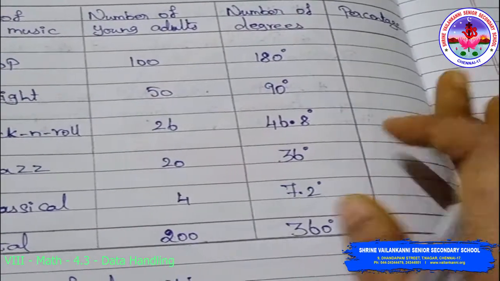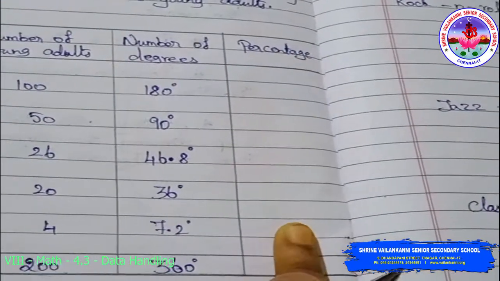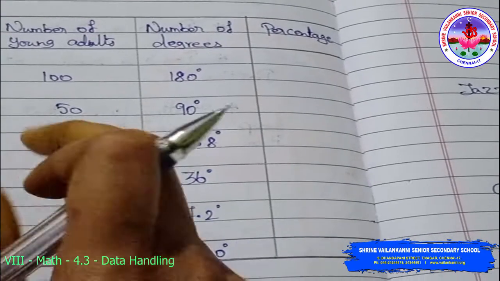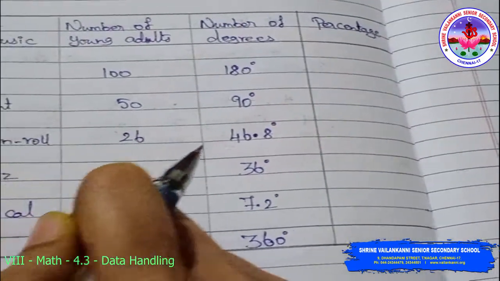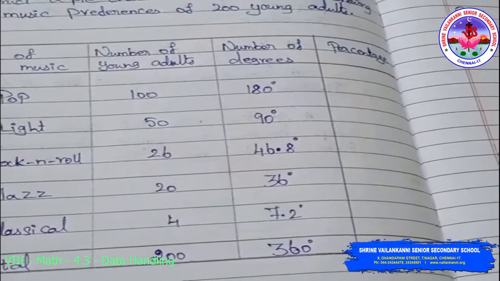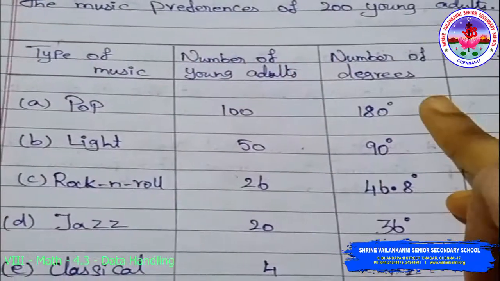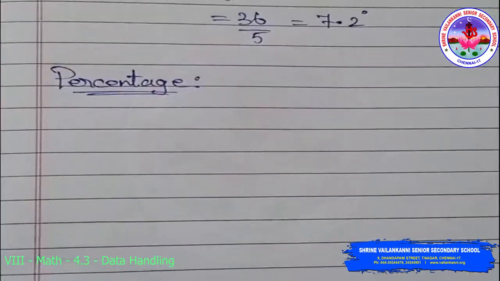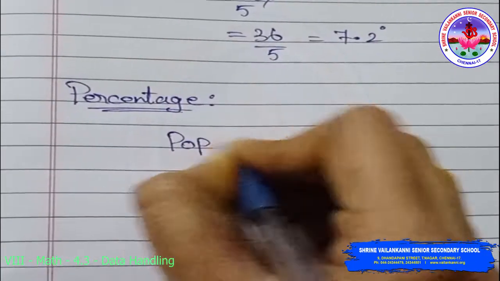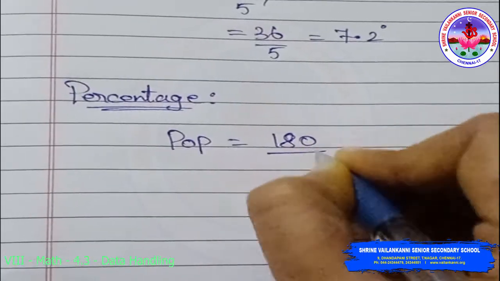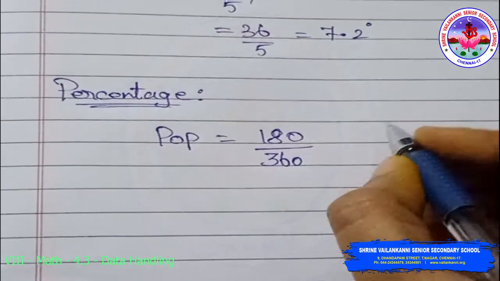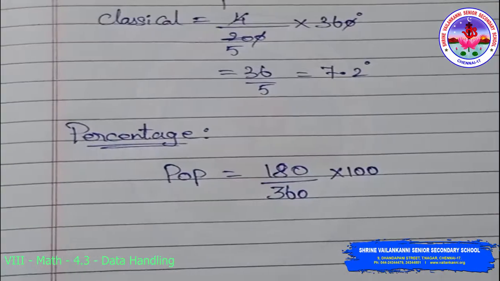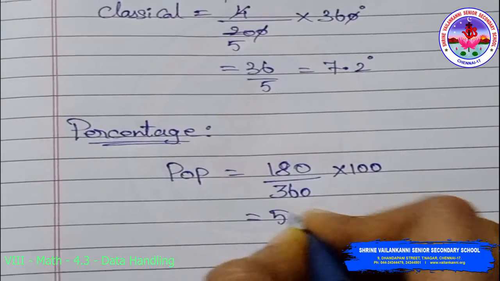The last column is percentage. How will you find the percentage of pop music, light music, rock and roll music, jazz and classical? Here pop, the number of degrees is 180 degrees. Pop is equal to 180 divided by 360, times 100, is 50%.